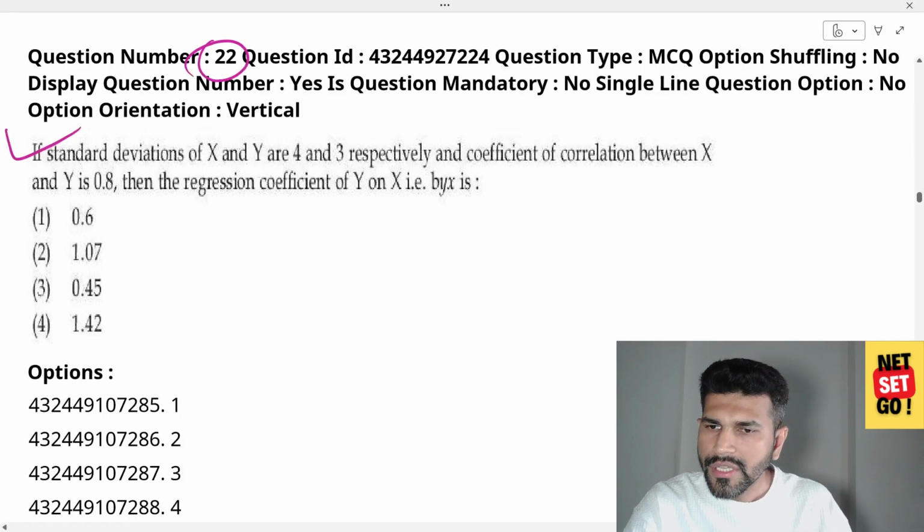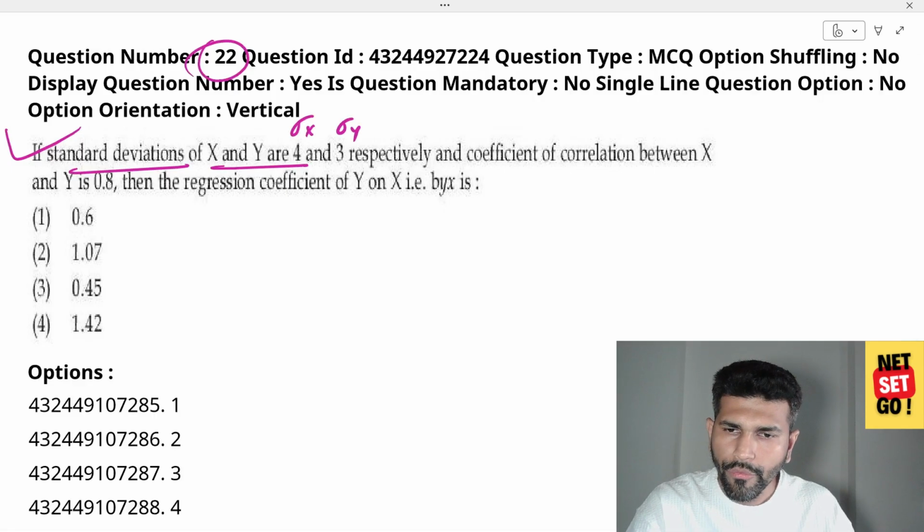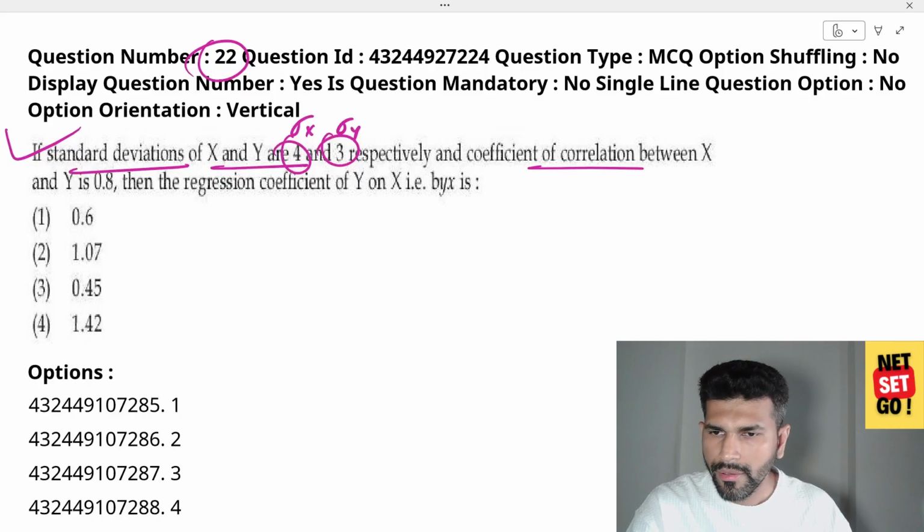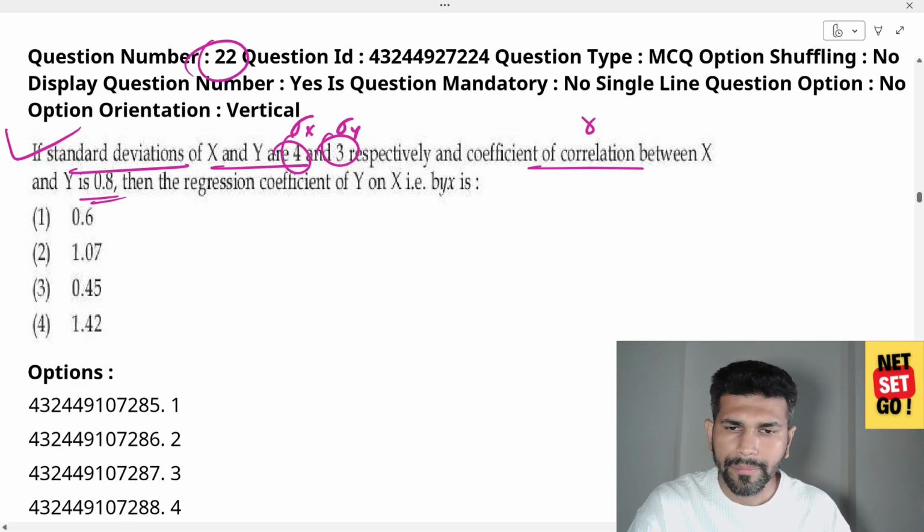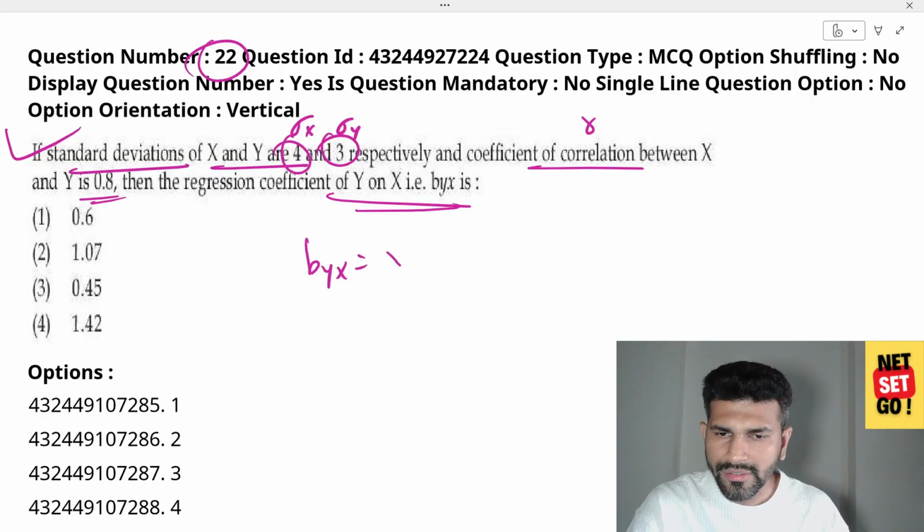Next, if the standard deviations of x and y, sigma x and sigma y, are 4 and 3 respectively, and the coefficient of correlation between x and y is 0.8, where coefficient of correlation means r, then the regression coefficient of y on x, that is byx, has the formula r into sigma y divided by sigma x.